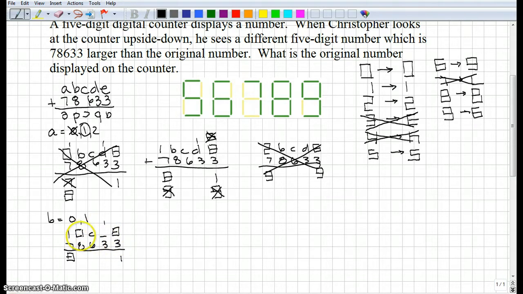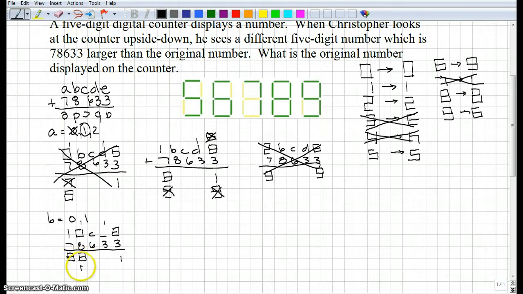All right. Now, again, we don't know, is there a carry or not? Now, in this case, we could have a carry, and it would still work. We just can't have a carry to come over to this 10,000ths place here. So this is either, if there's no carry, an 8. Okay, this was an 8 too.